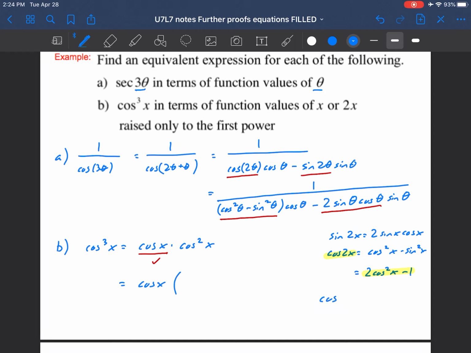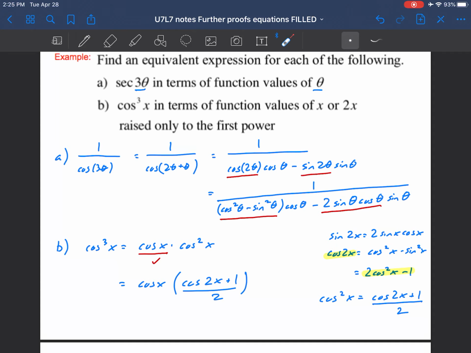That means that cosine squared x is equal to cos 2x plus 1 all over 2. And so I'm just going to put that in here. That's cos 2x plus 1 all over 2.